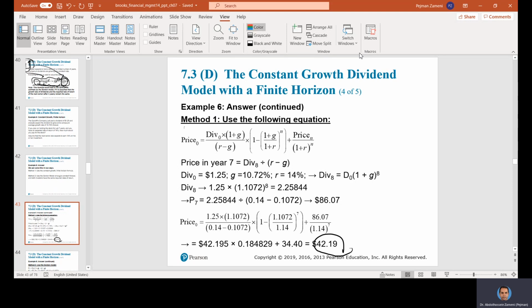The only thing we need to do is replace them. D0 is given to us, G also is given to us, R is given to us, and N also is given, 8 years. Then we can simply find the price. We just replace all this inside and we're going to get 42.19.